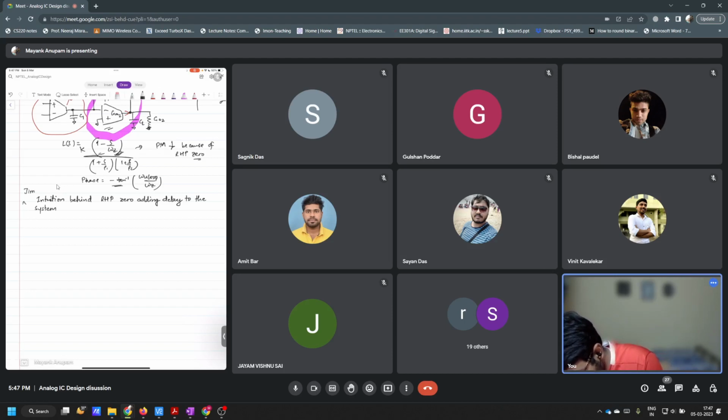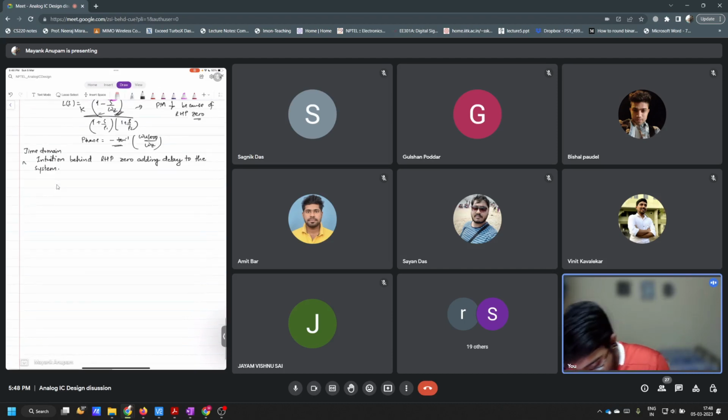Okay, so we have this condition here. I'm only looking at the second half, basically GM2 and this C, and I'm not looking at everything else. This is CL, this is G02. This was minus, this was plus.